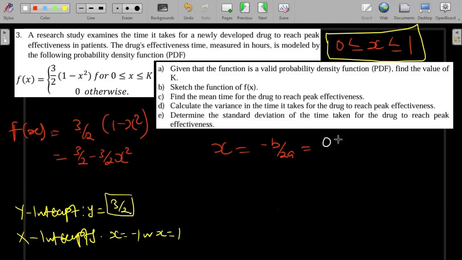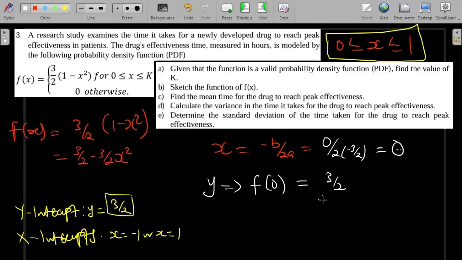Okay, so it's just going to be 0 over 2 times a, and our a is minus 3 over 2. This is just going to be 0. Then for our y coordinate of the turning point, we're just going to say f of 0. Okay, so you put this 0 in f, we're going to get 3 over 2. So it means the turning point here will just be (0, 3 over 2).